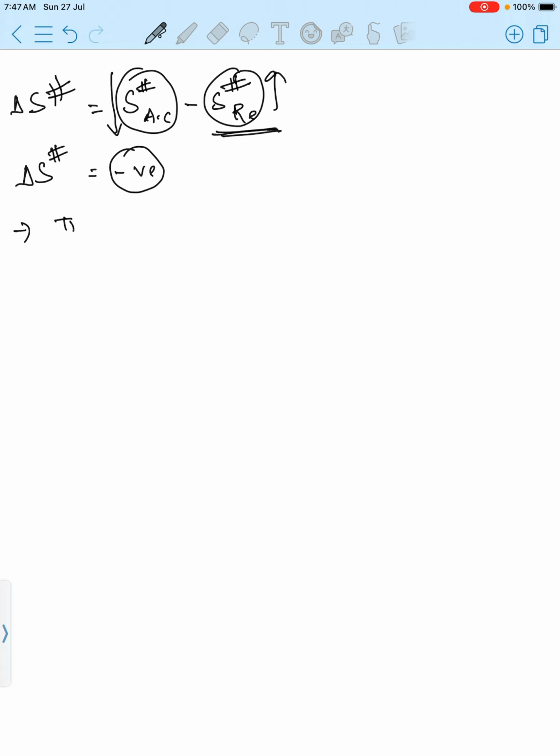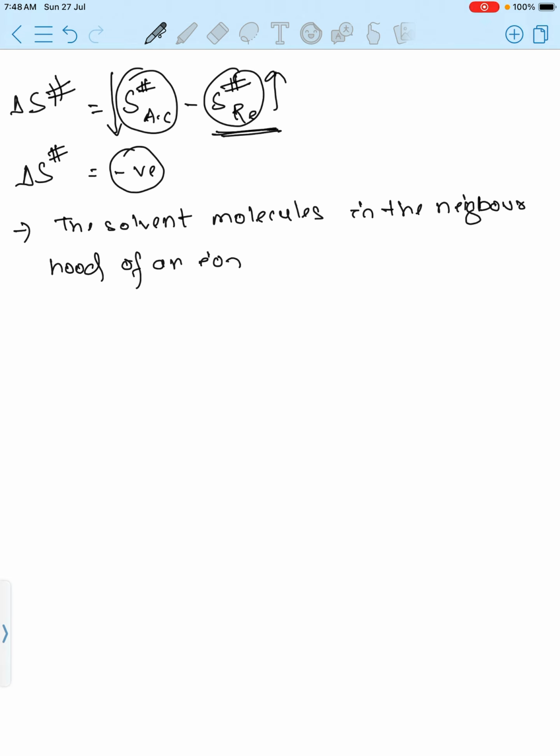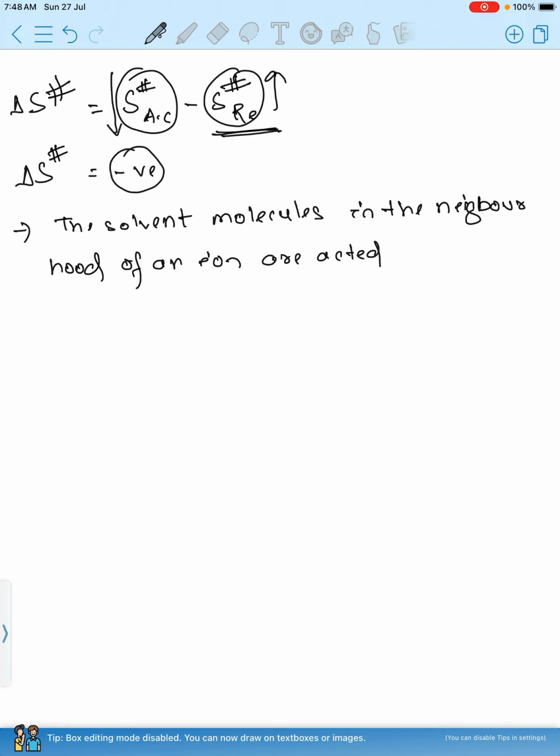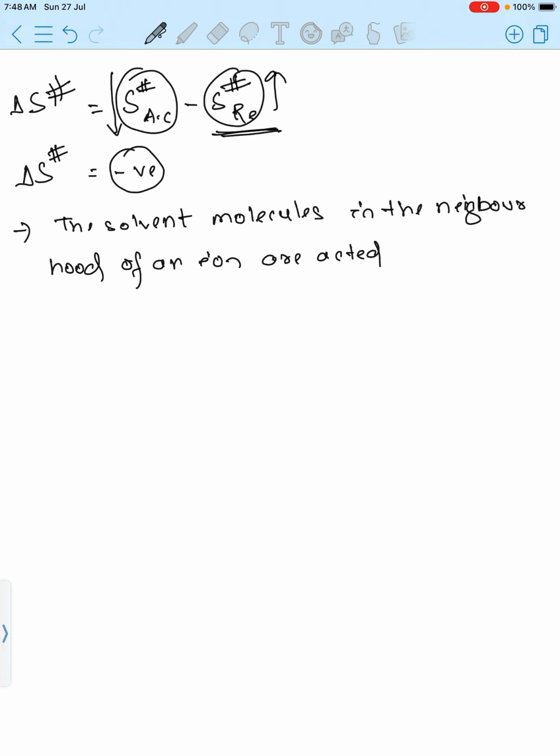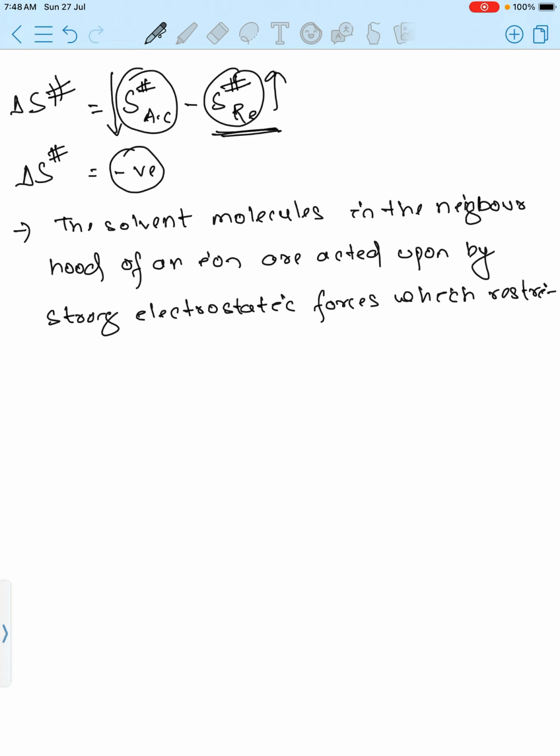So what we can write: the solvent molecules in the neighborhood of an ion are acted upon by strong electrostatic forces which restrict their freedom of motion.